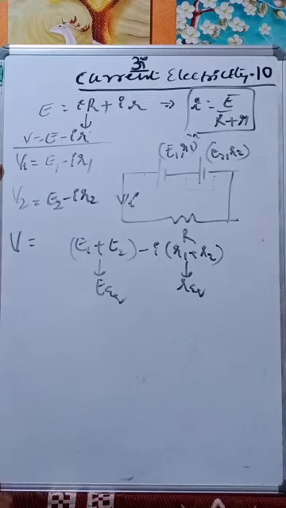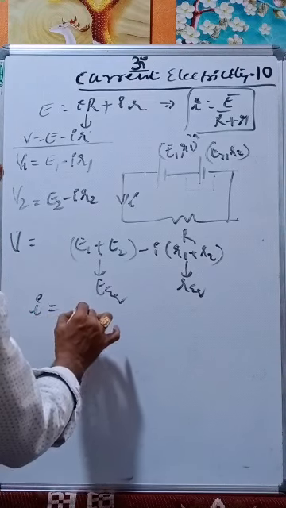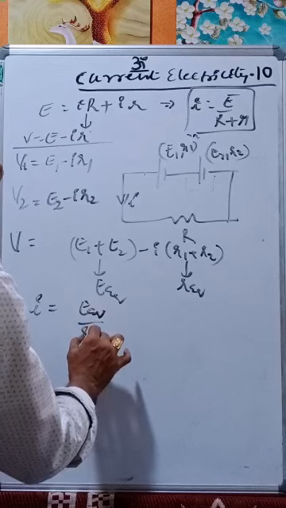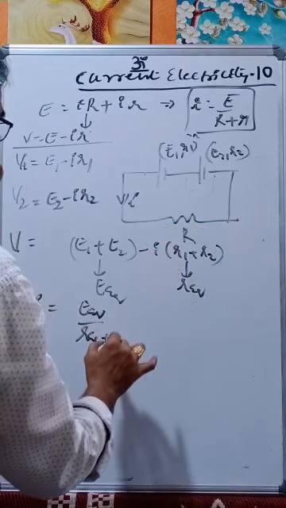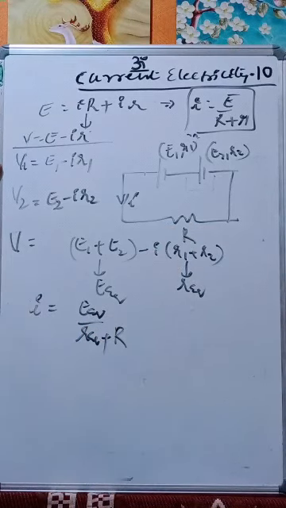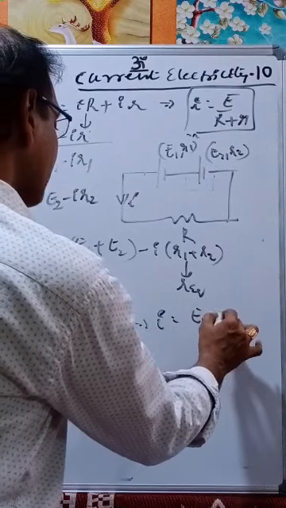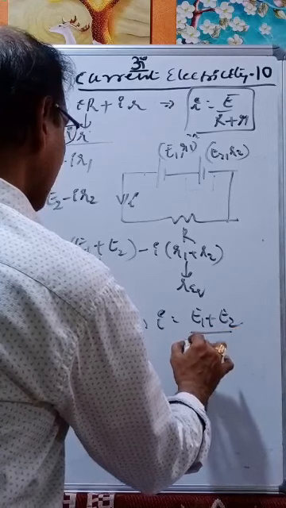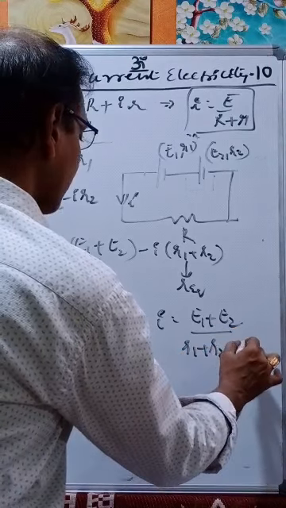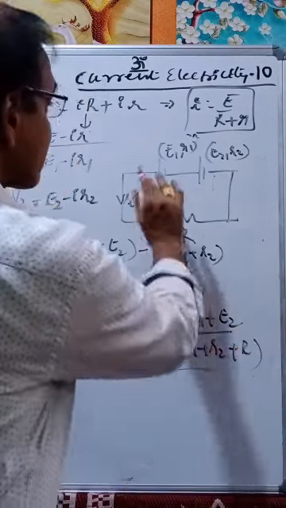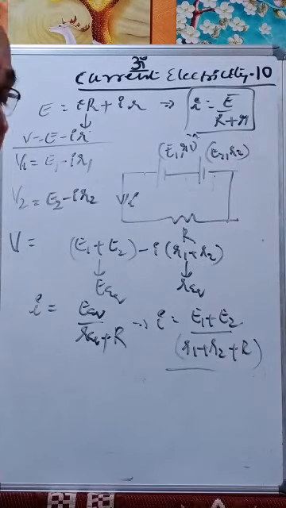Now, what is the total current? Current I is equal to E equivalent by r equivalent, plus we have external resistance R also in the circuit. This implies I is equal to E1 plus E2 by r1 plus r2 plus R.